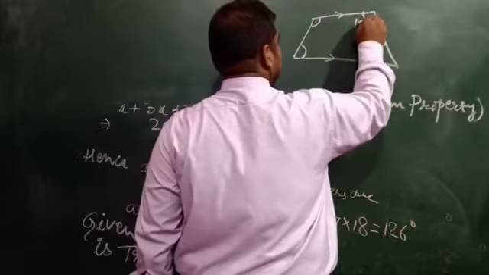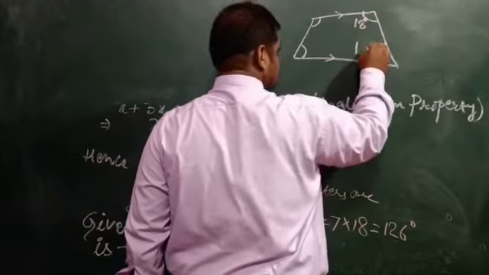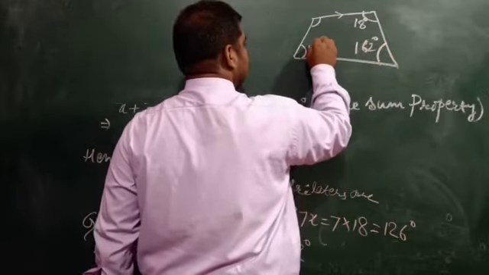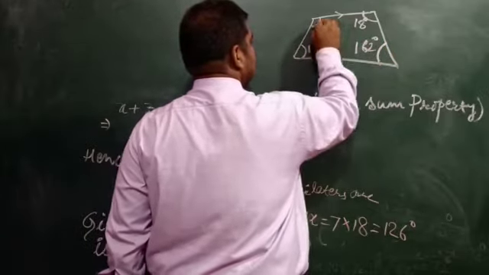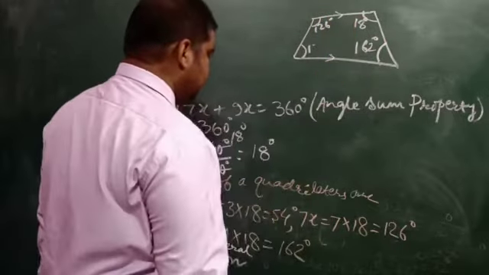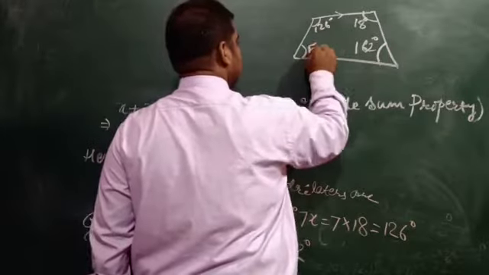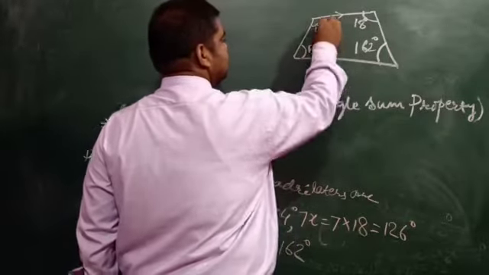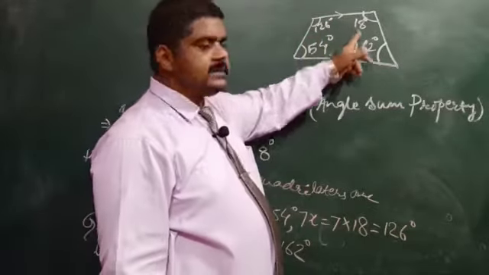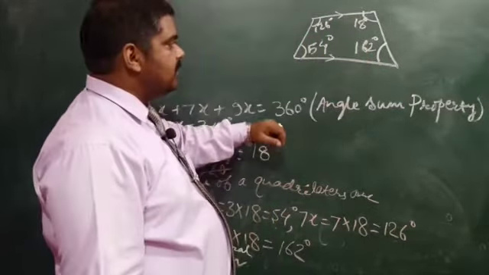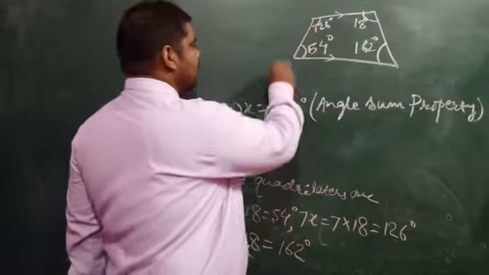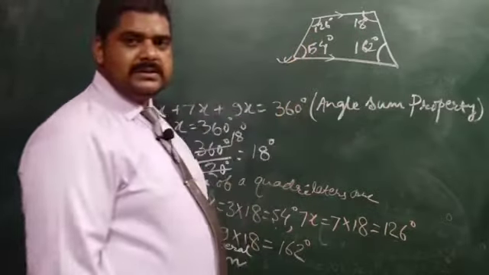This is 18 degree, 162 degree, 126 degree, and the fourth one is 54 degree. You can notice that the sum of these two angles is equal to 180 degree. Similarly, the sum of these two angles is also equal to 180 degree, and this is why the given quadrilateral is a trapezium.